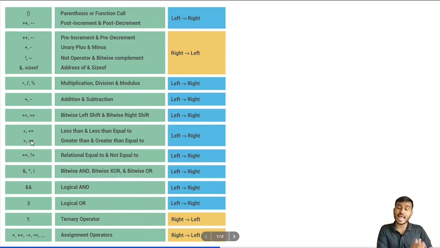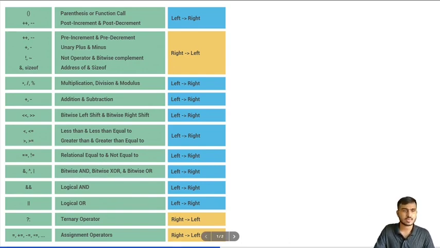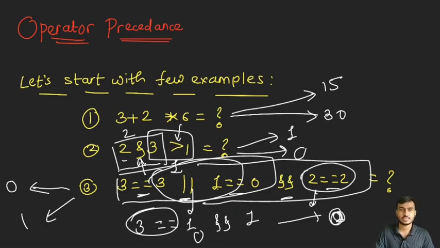So if I come back to the whiteboard and ask you the correct answer of the second sub expression, there are two operators, bitwise AND and greater than. Greater than has more precedence, so 3 greater than 1 will be evaluated first.